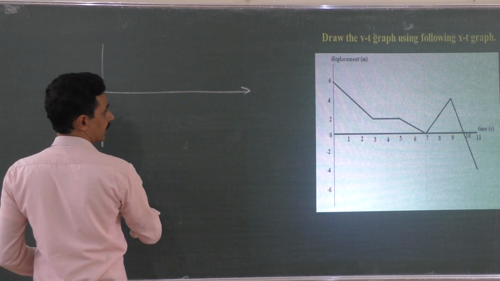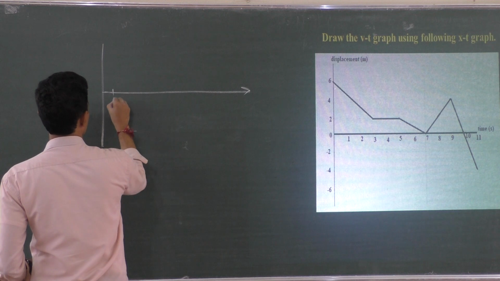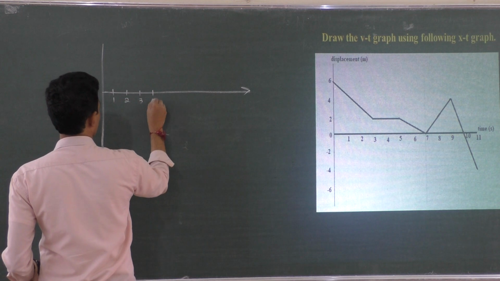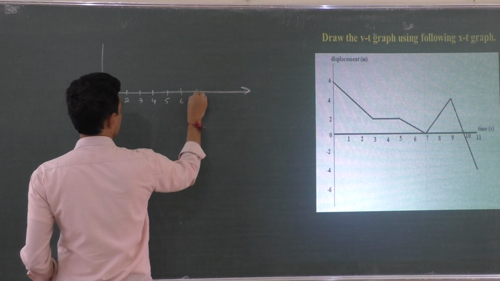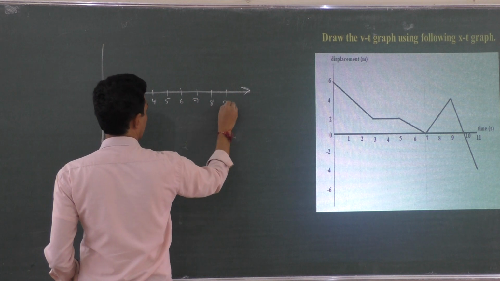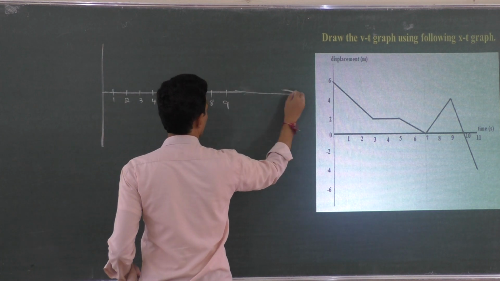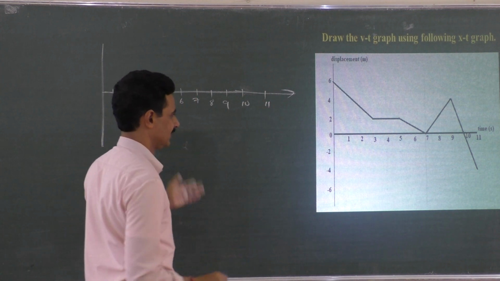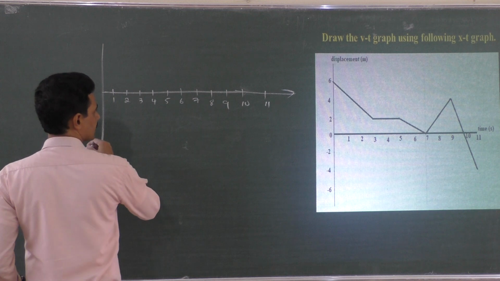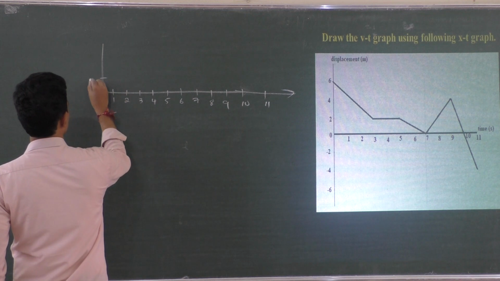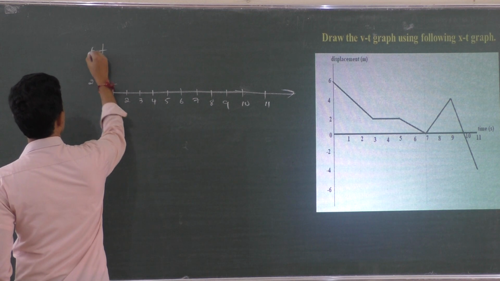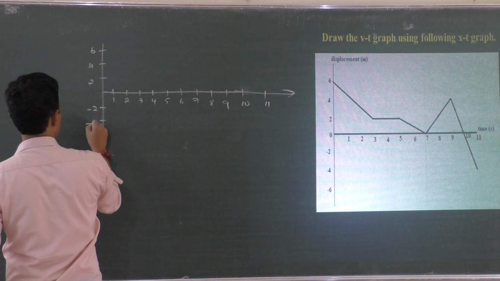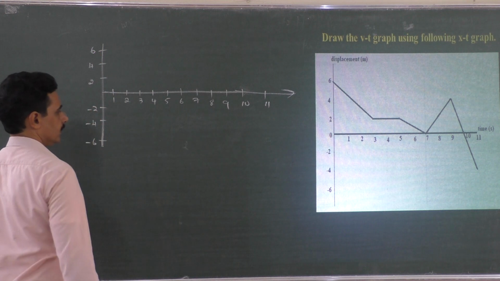It is up to 11 seconds. 1, 2, 3, 4, 5, 6, 7, 8, 9, 10, 11 seconds. Time in seconds. Then it is 2, 4, 6, minus 2, minus 4, minus 6.